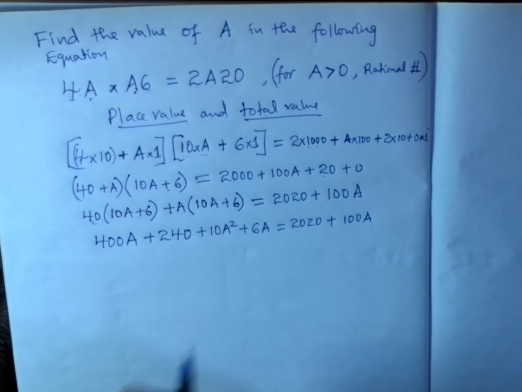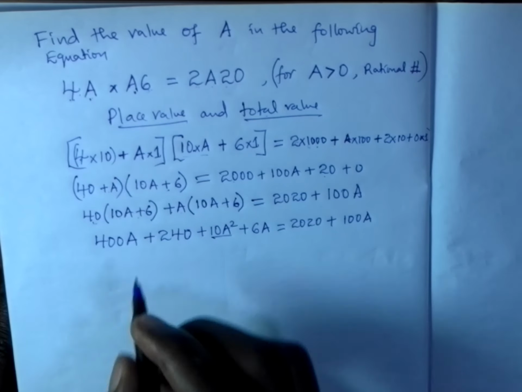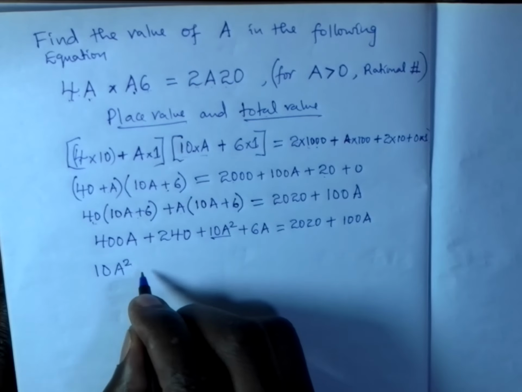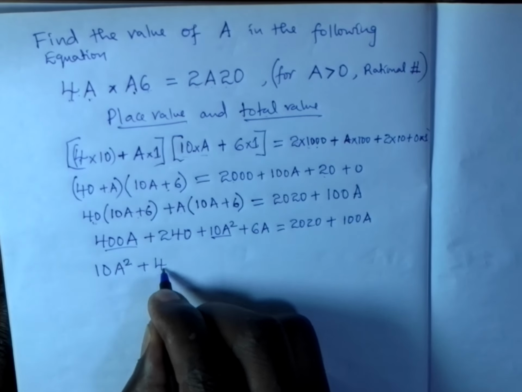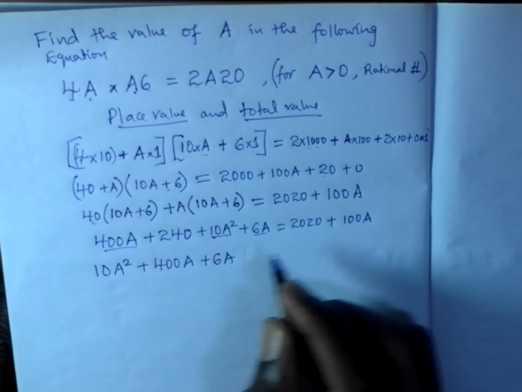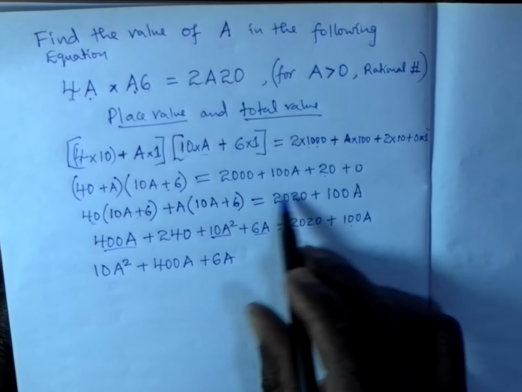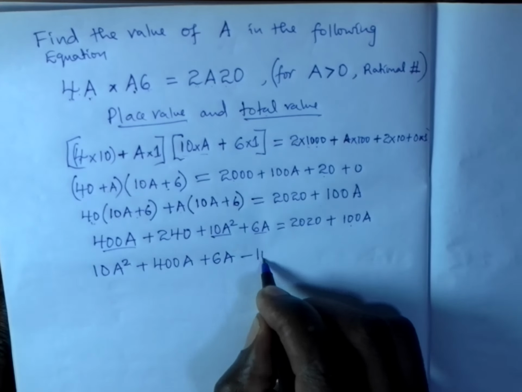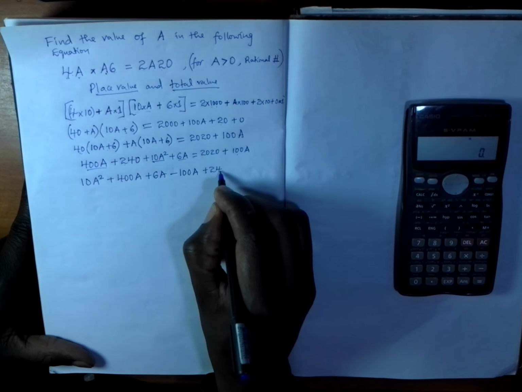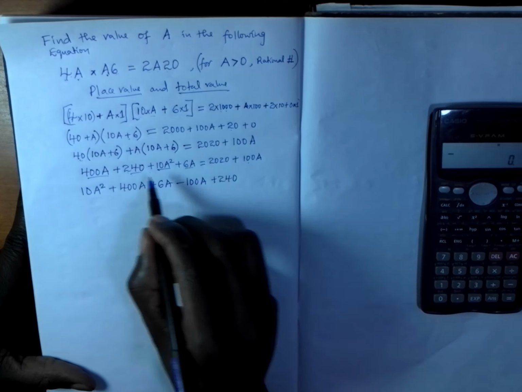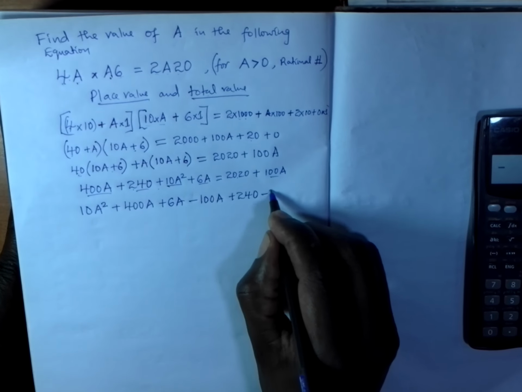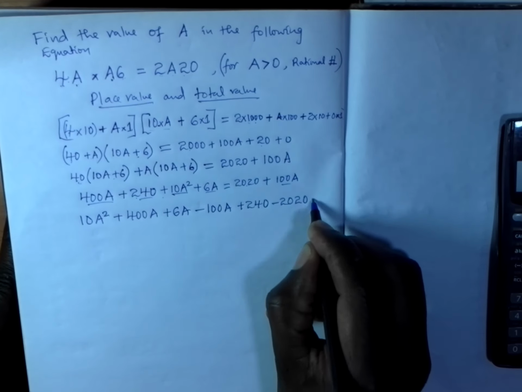So we can rearrange such that I have 10a squared, then plus 400a, then plus 6a. We can take 100a to the left hand side, it will be minus 100a. Then we have plus 240. Then take 2020 to the left hand side, it will be minus 2020, then equal to 0.